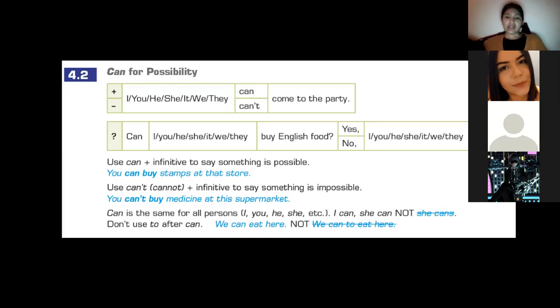And we use can't to make them negative. Or we can also use cannot, which is like the complete version of can't, but it's a little bit more formal. Es un poquito más formal. Lo utilizamos para cuando estamos haciendo escritos formales, ensayos, or something like that. Or when we're talking to someone who is an authority, for example.